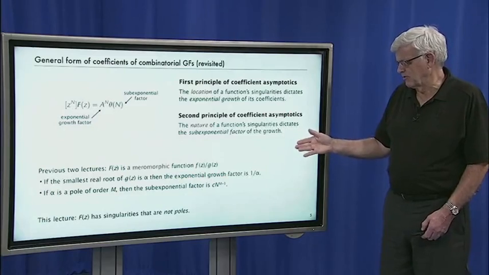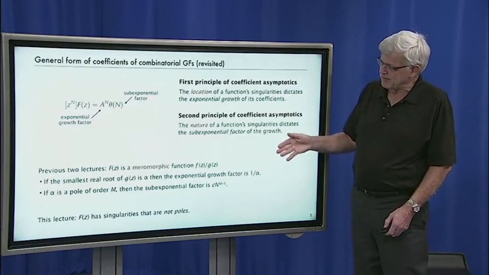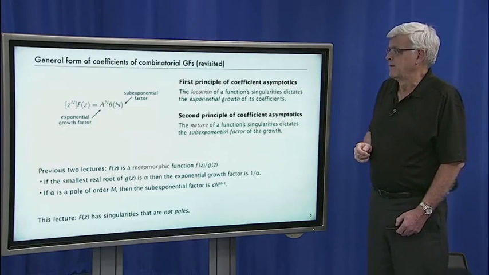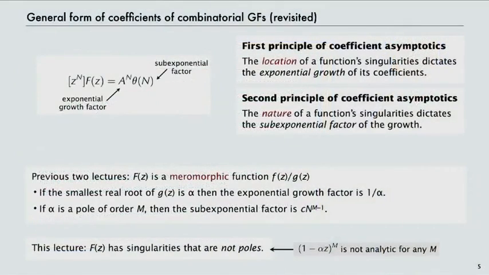In this lecture, we're going to talk about singularities that are not poles. I have to talk about what I mean by that and then how that impacts the sub-exponential factor. So what it means is not poles. If you go back and look at the definition of an analytic function or a meromorphic function, it's one that can be expanded except for a finite number of poles.